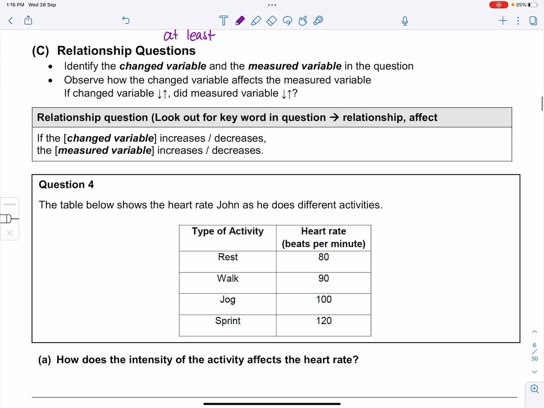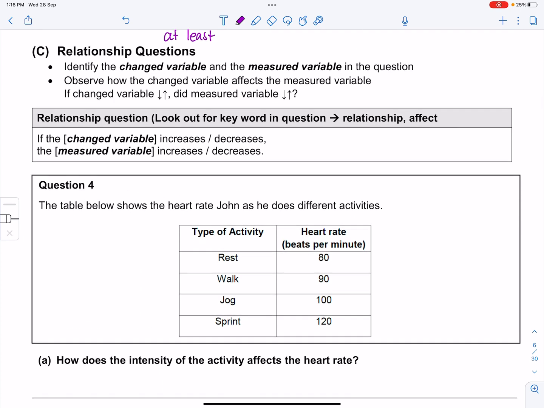So next, relationship questions. What is it about? It is to identify the change variable and the measured variable, and observe how the change variable affects the measured variable. So this is very important. So the change variable in this instance is actually known as the cause.